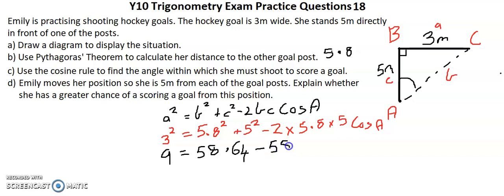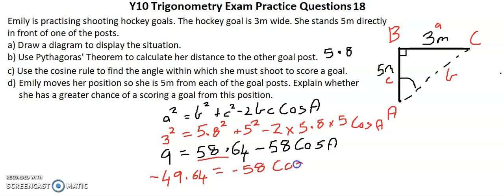So I've got take away 58 cosine a. The next step I want to do is try and simplify it so I can get a by itself. So the first thing is taking away 58.64 from both sides. That gives me negative 49.64.